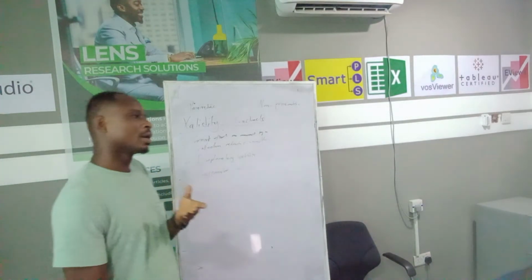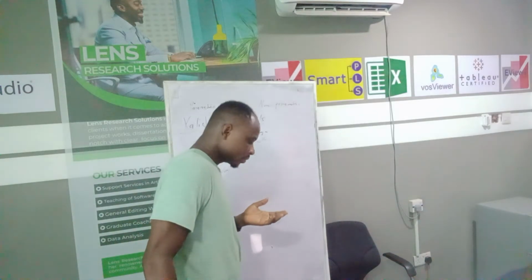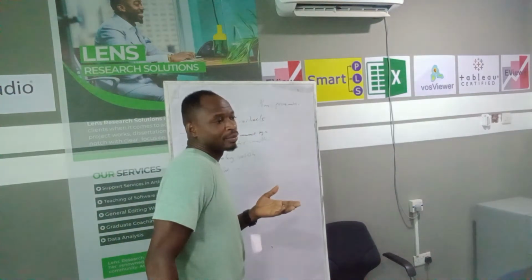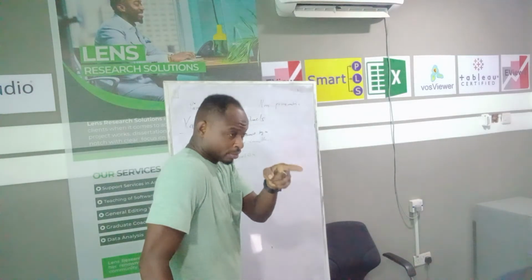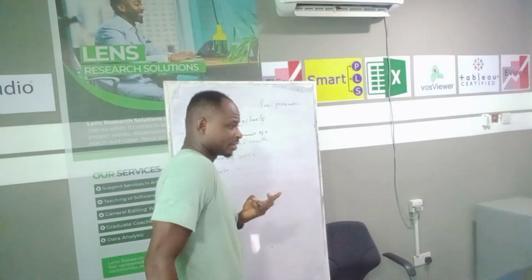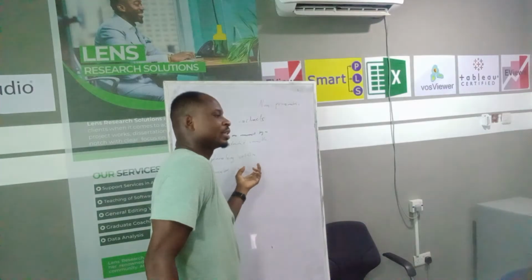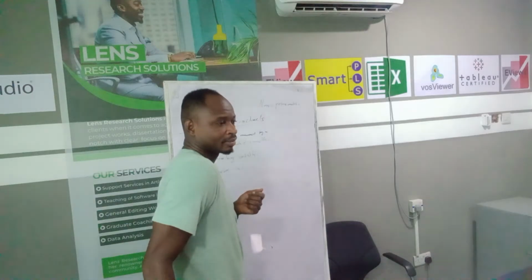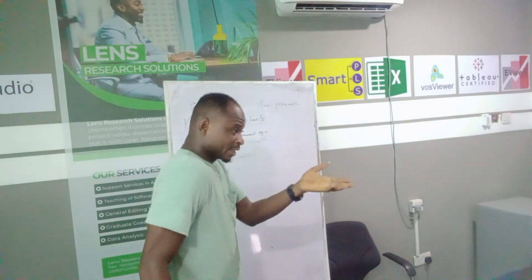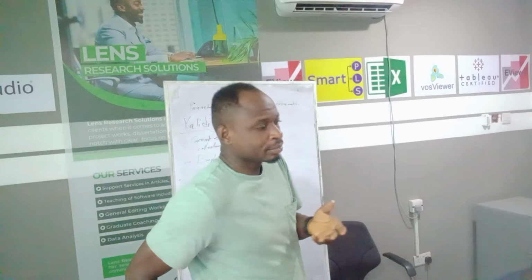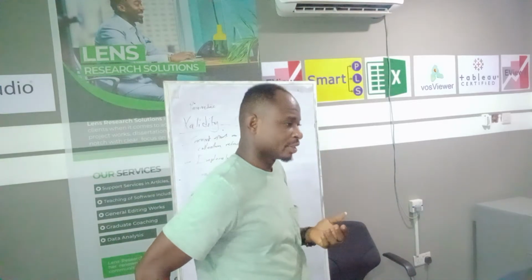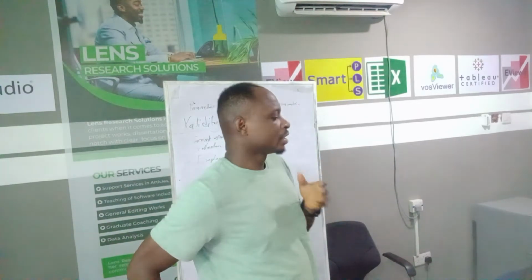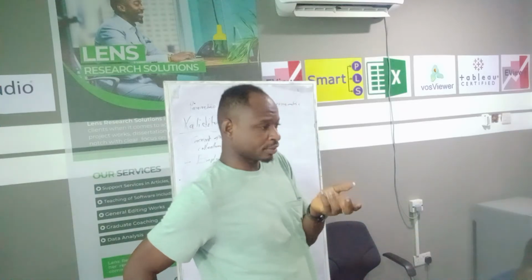When you are measuring a concept for the first time, and you are developing the skill to measure that particular concept, then you have to do what? Exploratory factor analysis, or you do what is called exploratory validity tests. But if you take an existing skill, like the construct, maybe you are talking about employee satisfaction, you have gone and you have seen that Gideon has developed a well-accepted skill, then you pick it to measure that employee satisfaction.